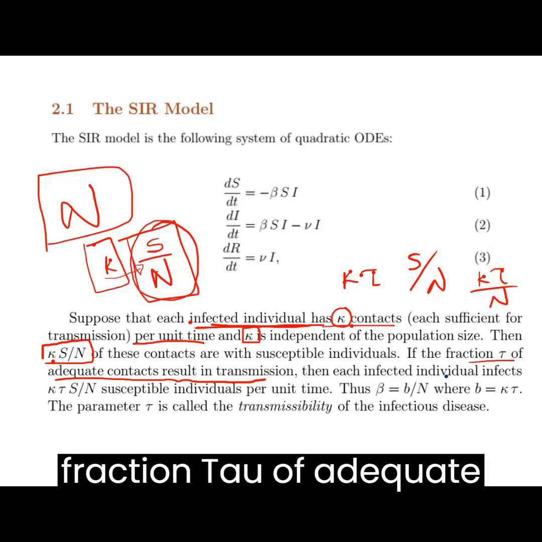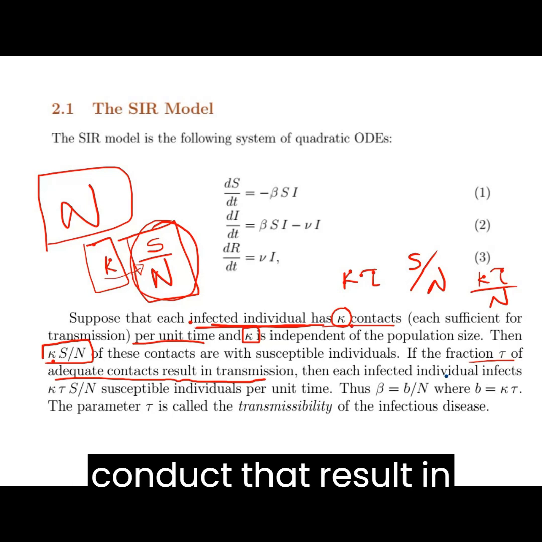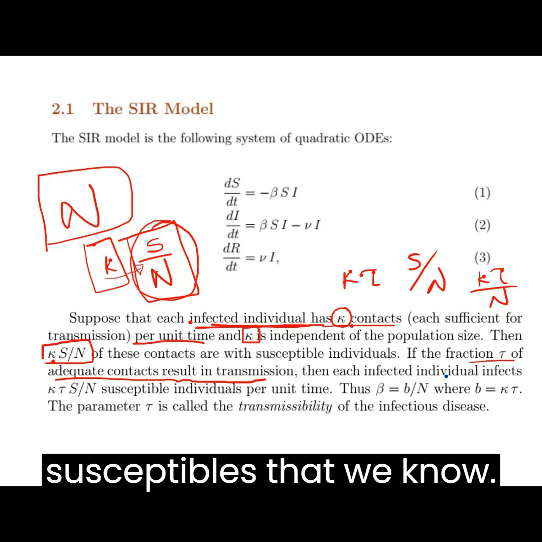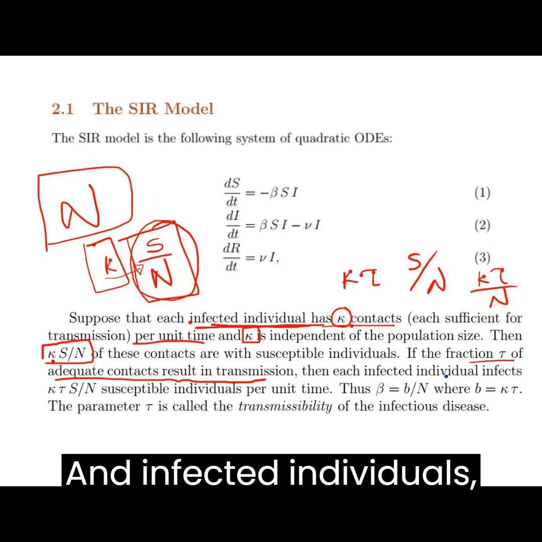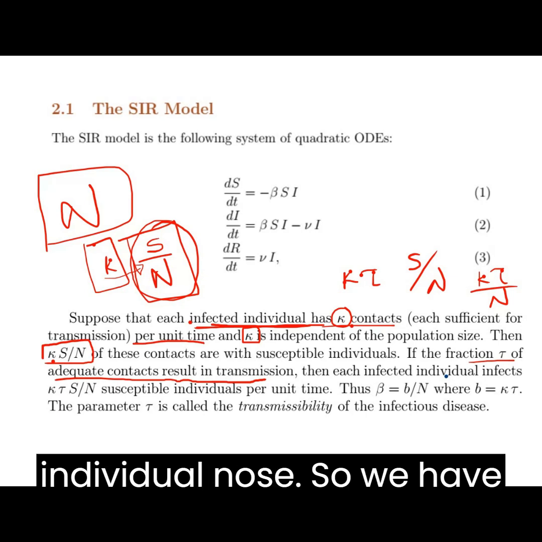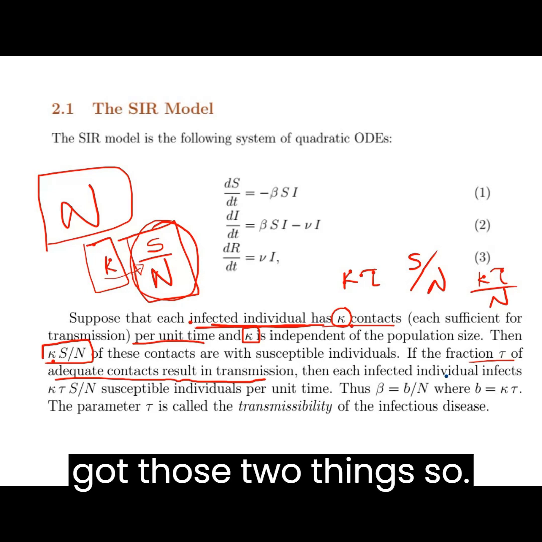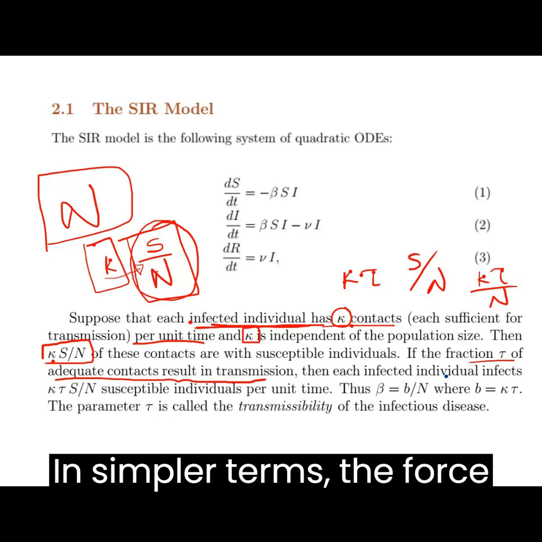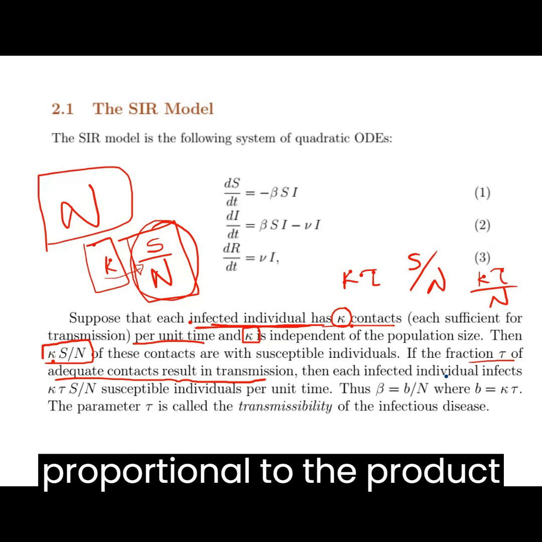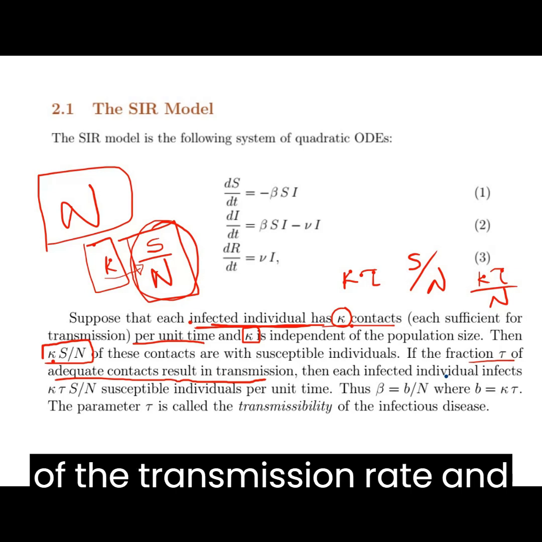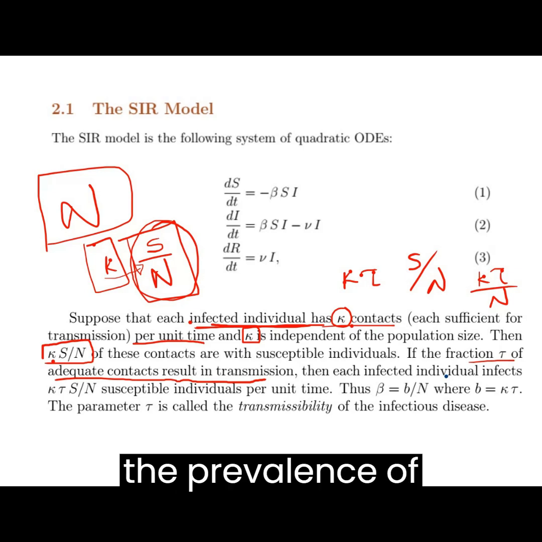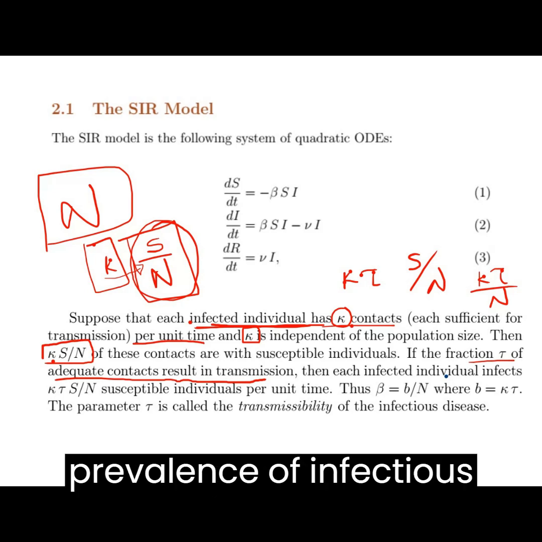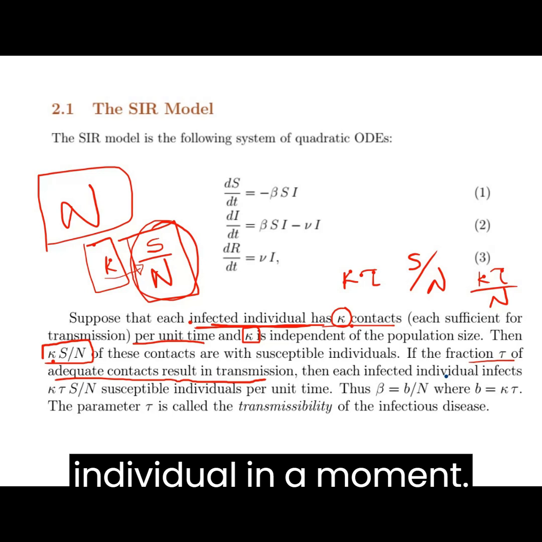So we have got fraction tau of adequate contacts that result in transmission, and we've got K contacts from the susceptibles that the infected individual knows. So we've got those two things. So in simpler terms, the force of infection is proportional to the product of the transmission rate and the prevalence of infectious individuals. We'll talk about the prevalence of infectious individuals in a moment.